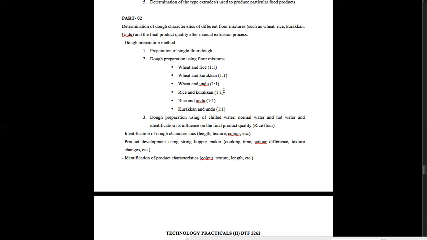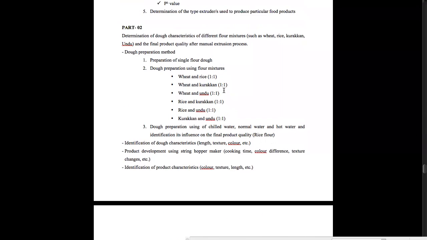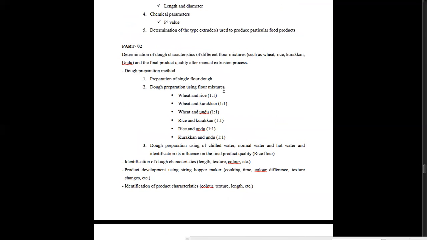So those are things we are going to discuss on extrusion technology, and I hope that you can perform these activities at home, because you have a string hopper maker in your home. Then please get some underutilized flour varieties such as jack seed flour, some types of tubers, and some types of seeds.